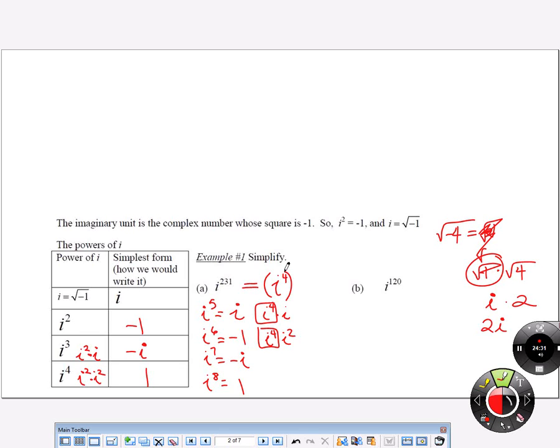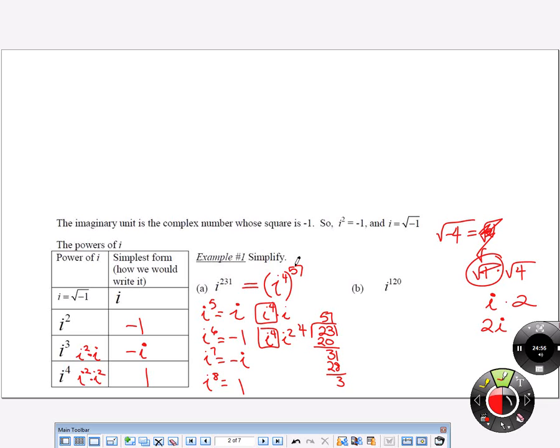Dylan? I divide. Okay, so I'm going to take 231 and divide it by 4. Okay, so 4 goes into 231 57 times, with 3 left over. That means I can use i to the 4th 57 times.